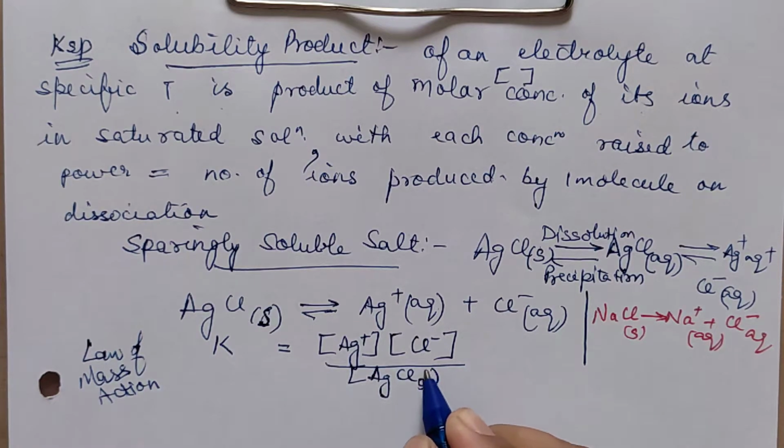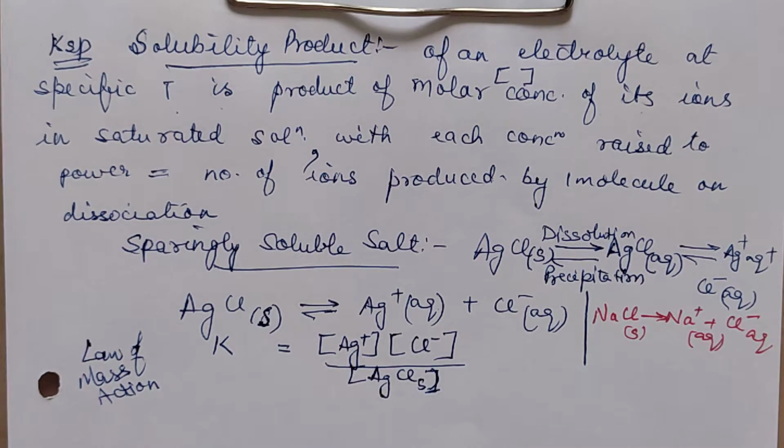Now we have already discussed in the previous part of chemical equilibrium that the concentration of a solid, the undissolved solid, always remains constant. It is constant, so you will neglect it.